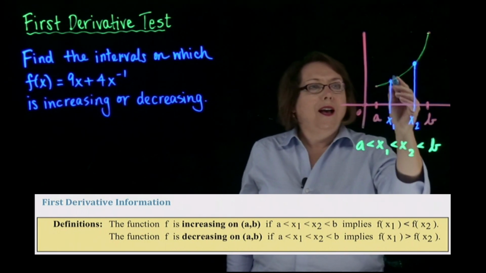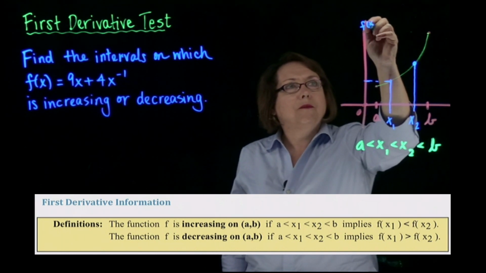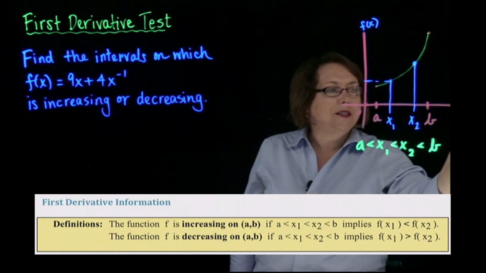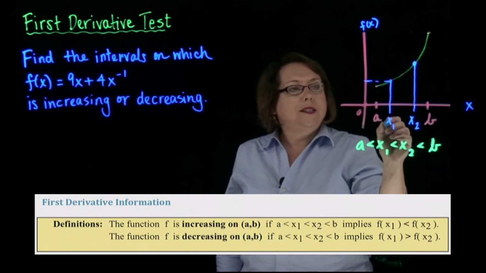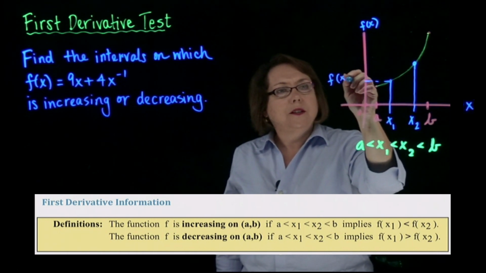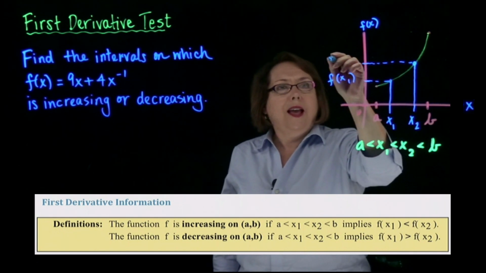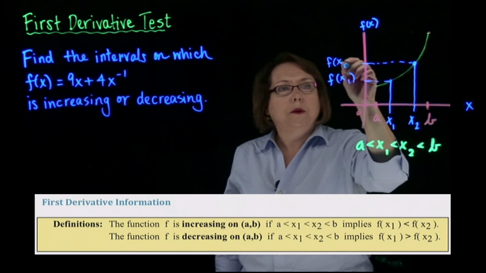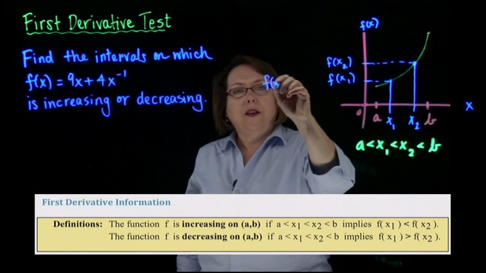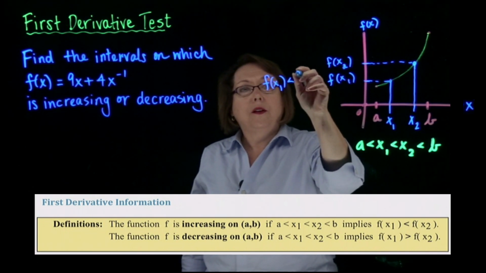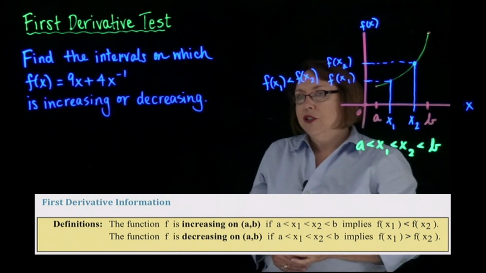And if we go over to the y-axis, or our f of x, and this is x right here, we can see that f of x sub 1 is lower than f of x sub 2. Let me write that over here. F of x sub 1 is less than f of x sub 2, which is what our definition was saying.